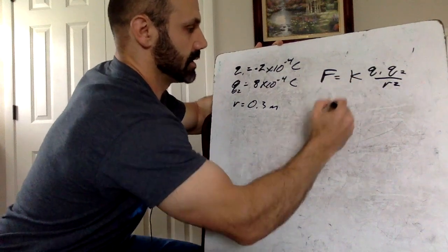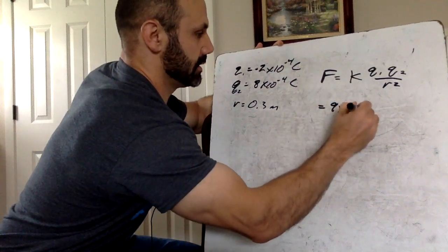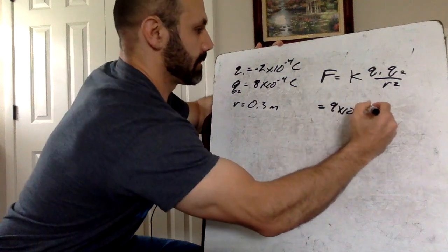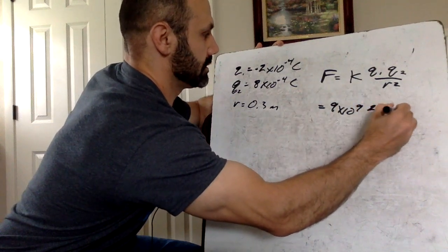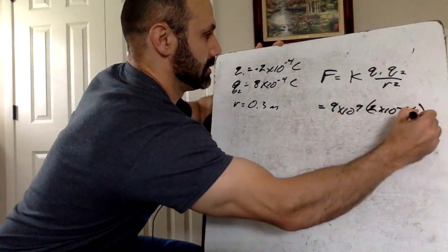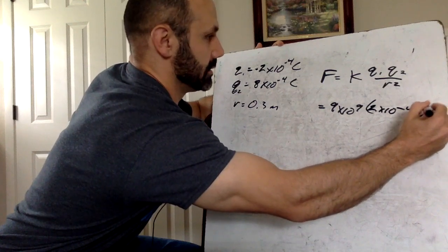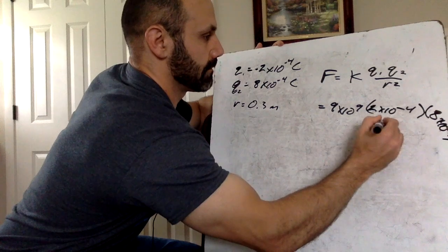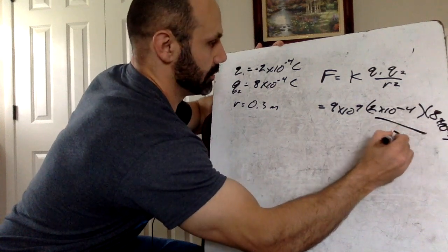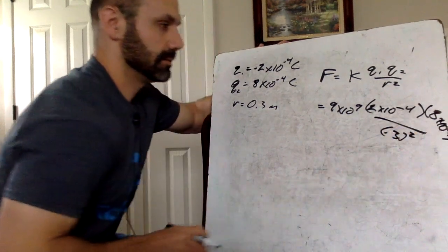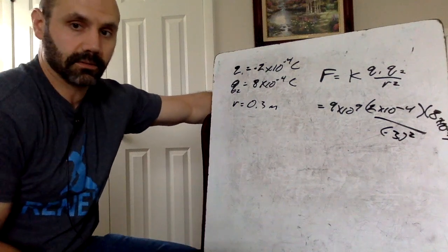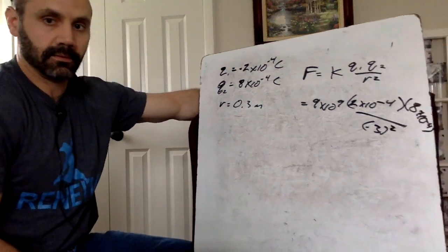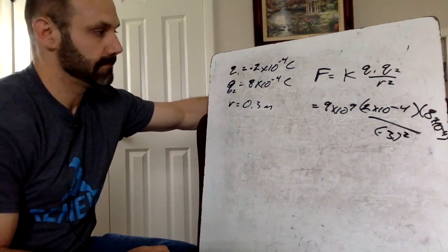All right, so our numbers. K is 9 times 10 to the 9th. Q1 is 2 times 10 to the -4. Q2, I'm going to run out of space, 8 times 10 to the -4 divided by 0.3 squared. So that's it. Okay?